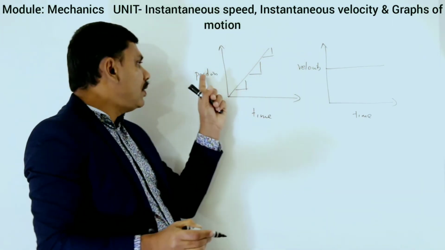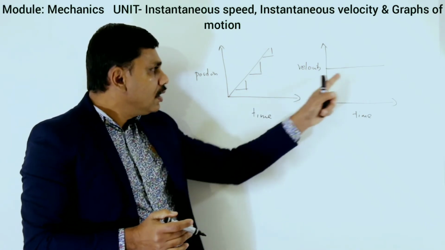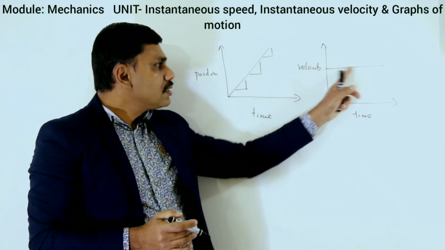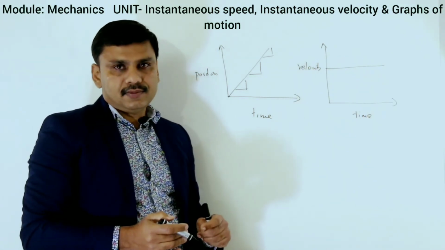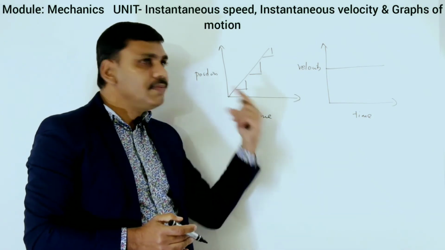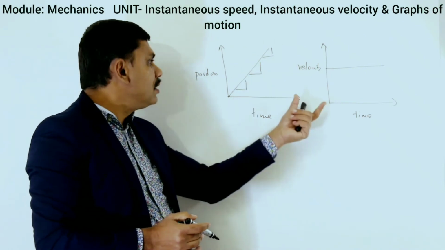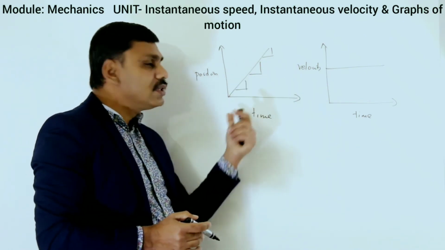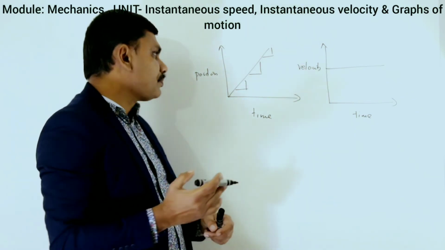The gradient of a position time graph is velocity, and that is constant because it is a straight line. The velocity remains the same as time changes. So these two graphs represent the same thing, expressed with different variables: one with position time, another with velocity time.